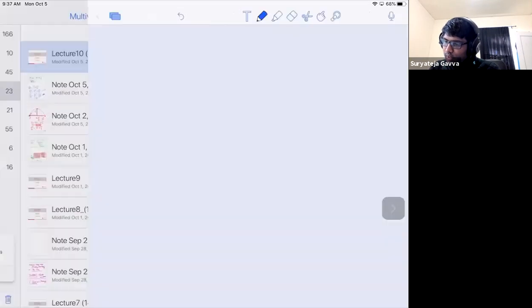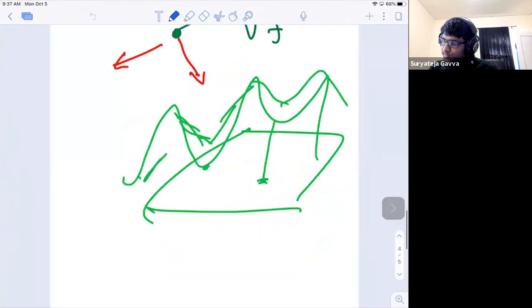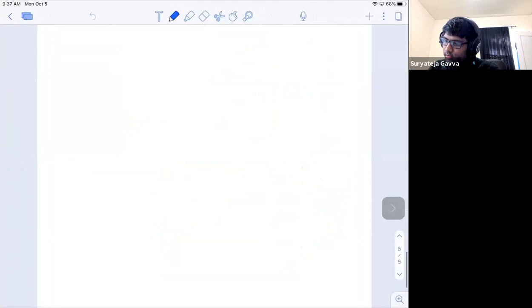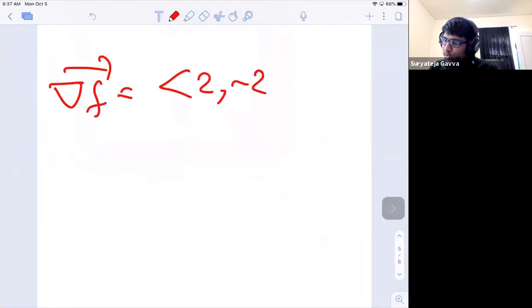So gradient f is nothing but (2, minus 2, minus 1). So what is the magnitude of this?